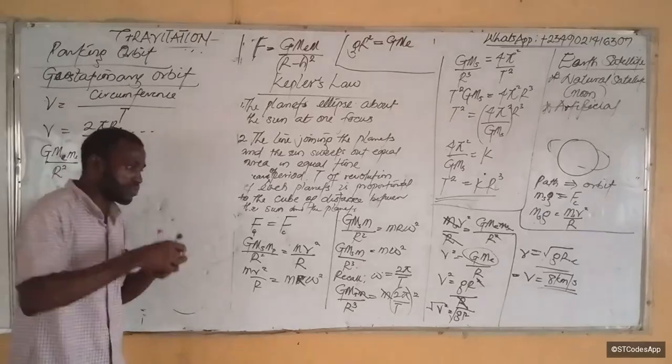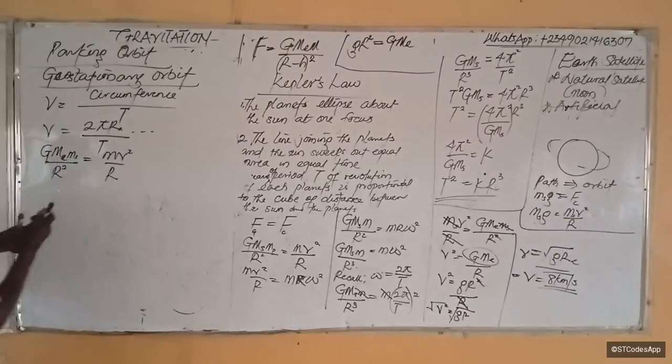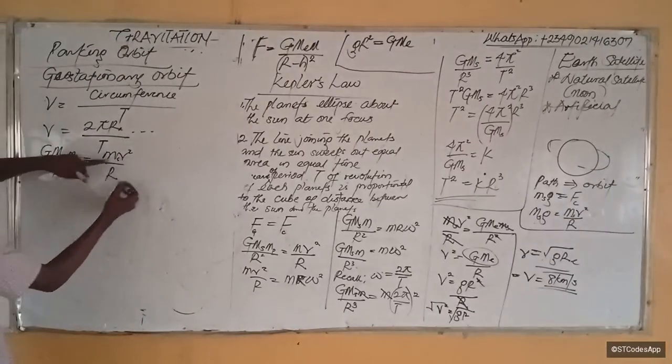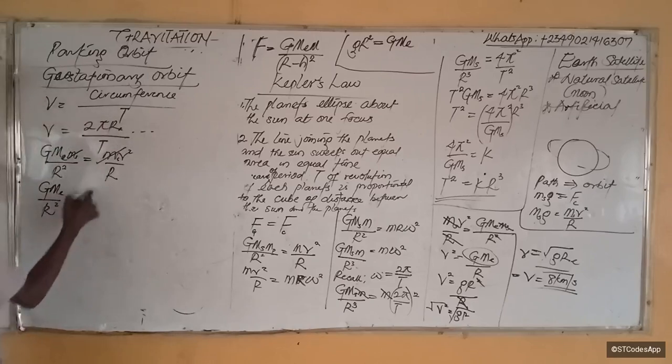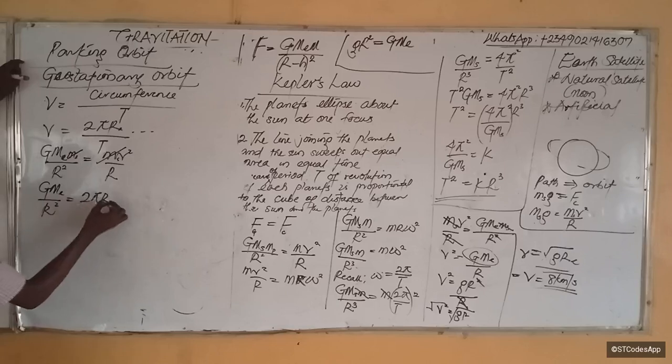So if the body is moving around it, this mass is the mass of the satellite, and this will take care of this. So we have G m_E over r squared equal to v squared over r, which is 2 pi r all squared over T squared, then r.